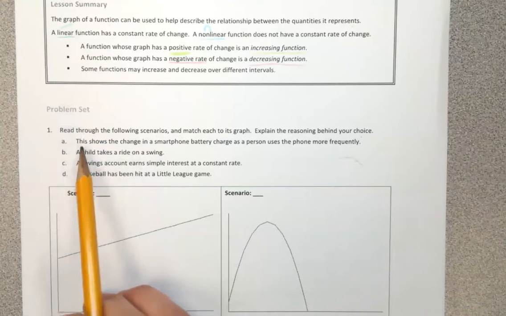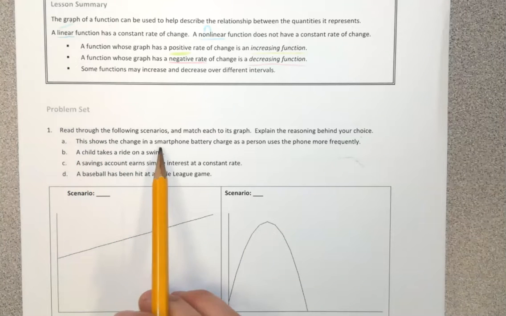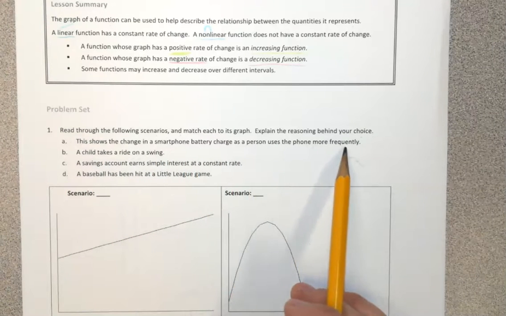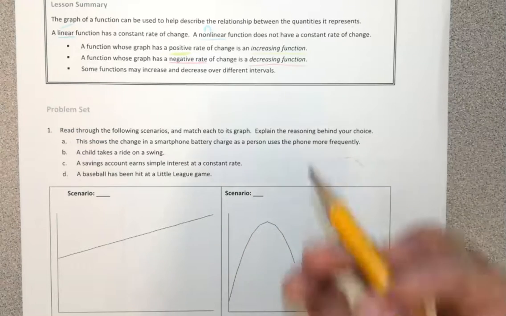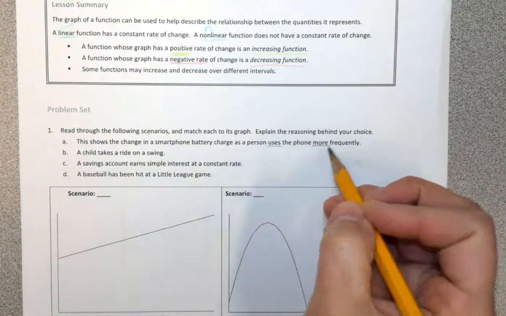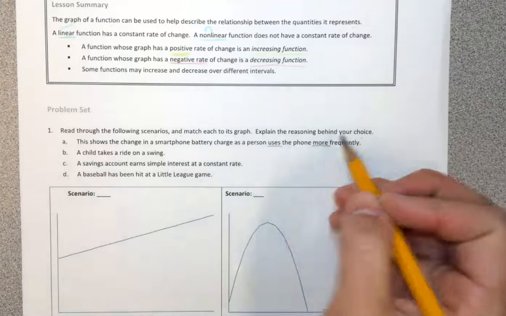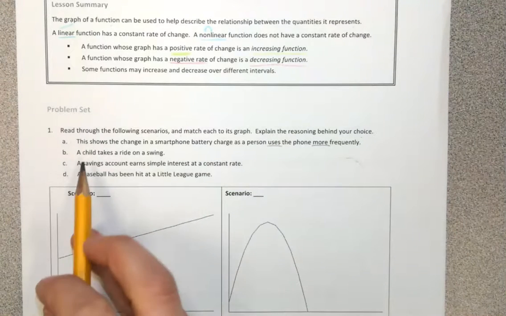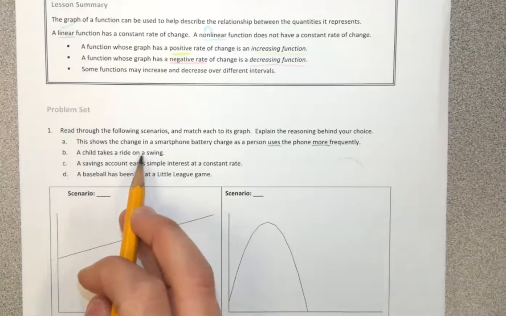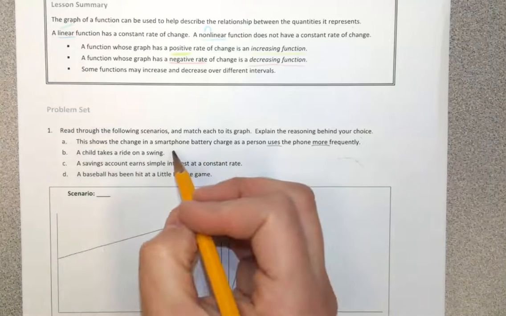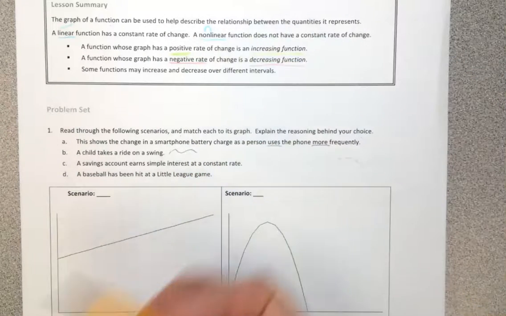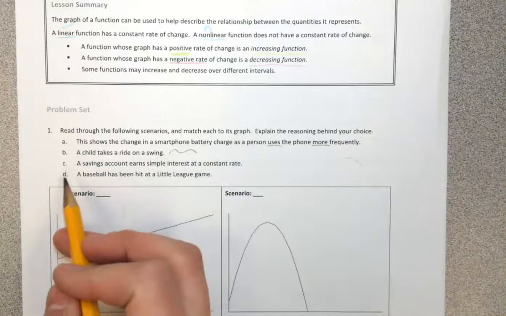So this first one, A, this shows the change in a smartphone battery charge as a person uses the phone more frequently. Okay, so a key word here I would say is uses more. That kind of tells me what I'm keeping an eye out for on that graph. This one says B, a child takes a ride on a swing. There's not really a key word there, but if you think of a swing, it goes up and down, right? You go forward and backward and forward and backward. You kick your legs.